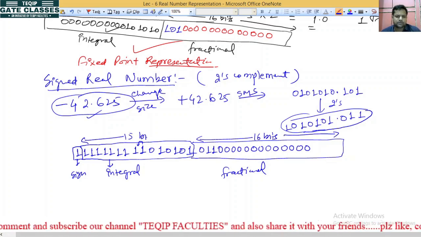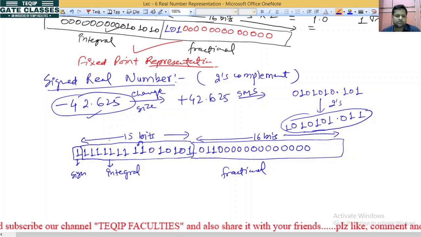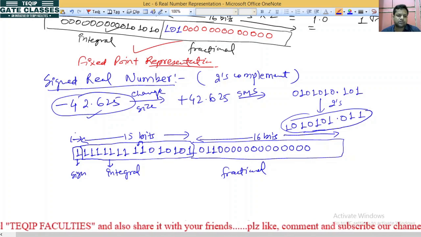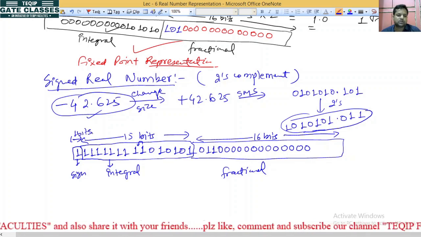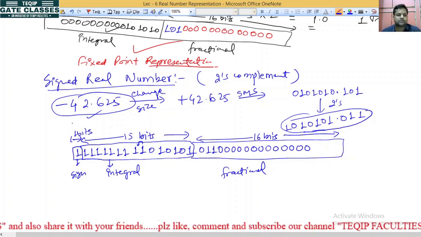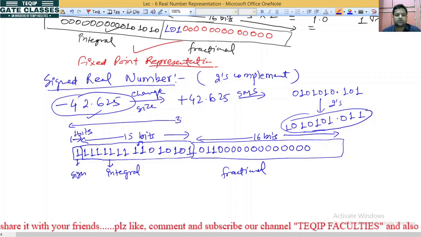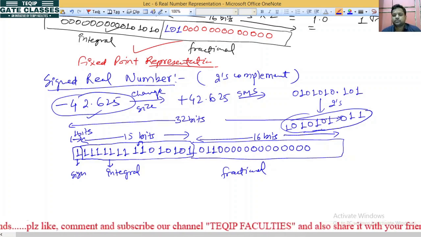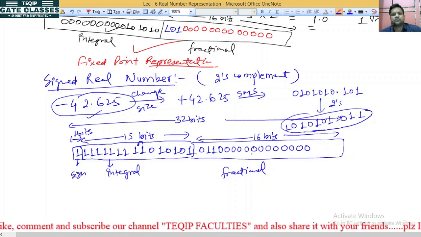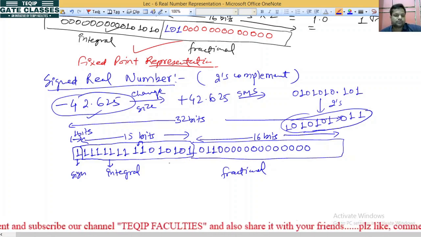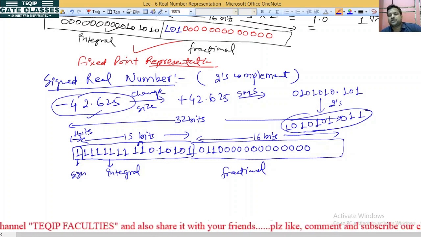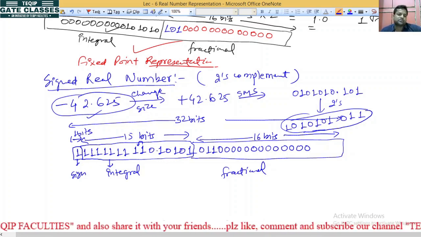It is 15 bits. Why 15 bits? Because one bit is for the sign. Total architecture is of 32 bits. Already we have seen it. Since for the fractional part we have 16 bits, the rest 16 bits are for the integral part and sign.